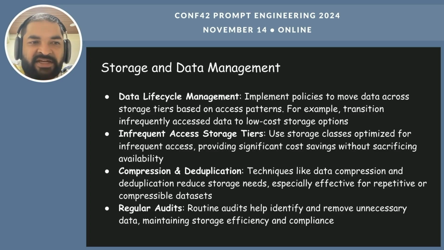Storage and data management. One of the things that we can do for cloud cost optimization is implement policies to move data across storage tiers based on access patterns. For example, you have a doc that you want to store for compliance reasons, but it's not accessed frequently. So what do you do? You store it in a less accessed tier, which is lesser cost.